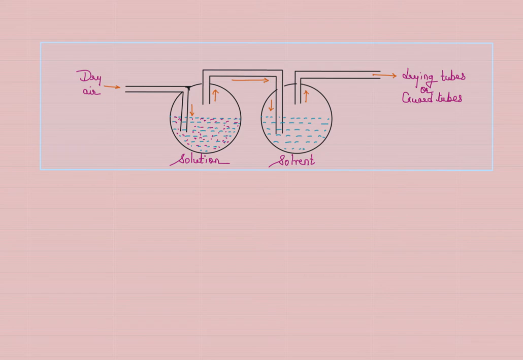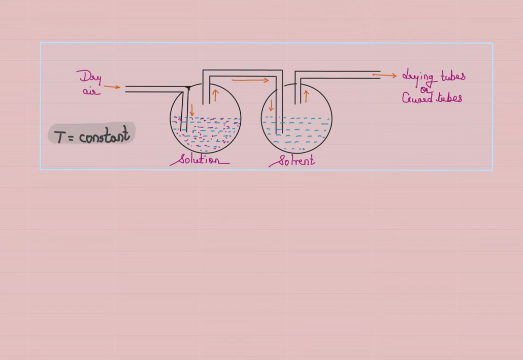Ideally, the entire experiment is carried out at constant temperature. So I may write here, T remains constant, right? This is a very important part, that T should remain constant here, okay?